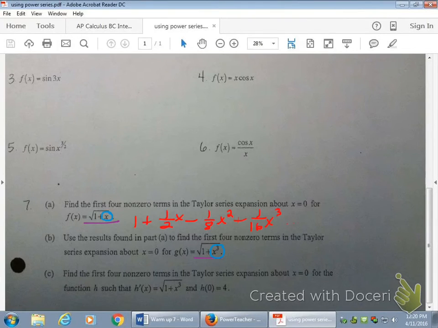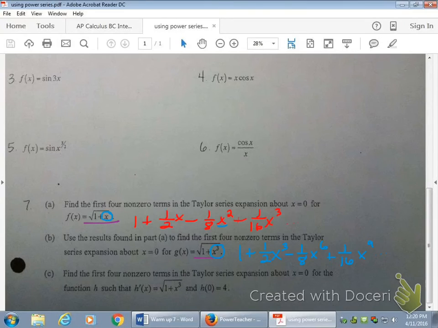So that's what I'm going to do here. 1 plus 1/2 x to the third minus 1/8. Alright, I'm going to plug an x to the third in there. So that would be x to the third squared. You multiply by exponents, so that would be x to the sixth, plus 1 over 16. All right, that'd be x to the third, multiply so you get to the 9th, and then the pattern will continue.